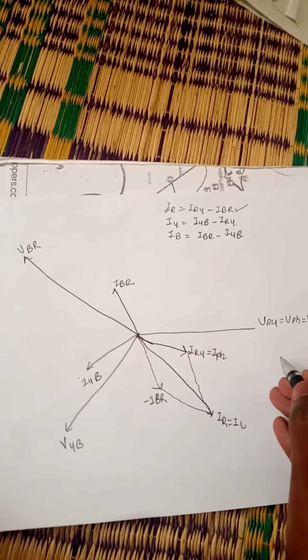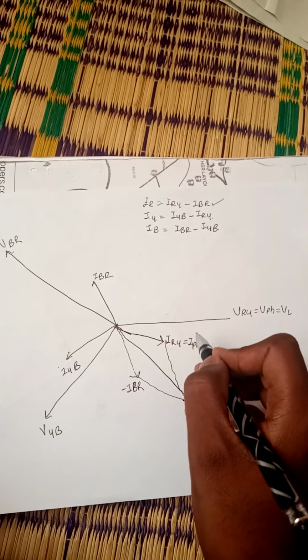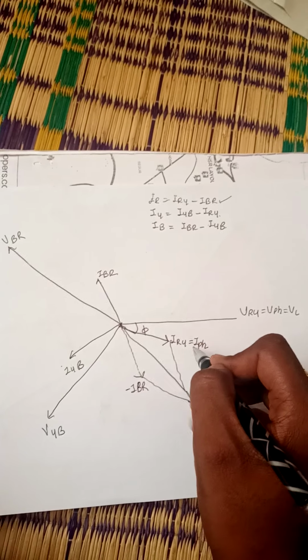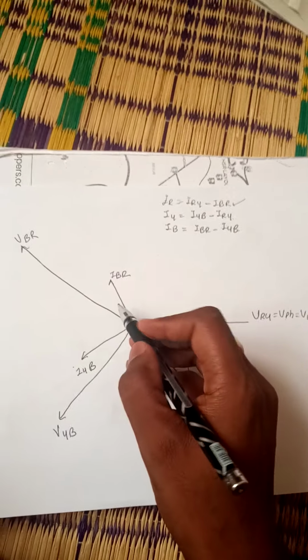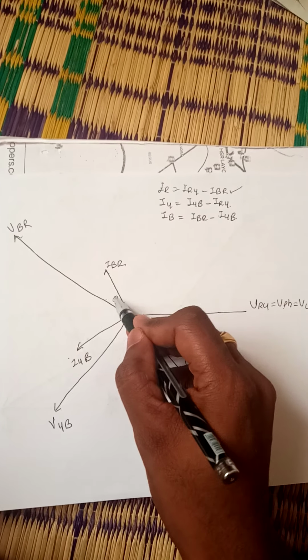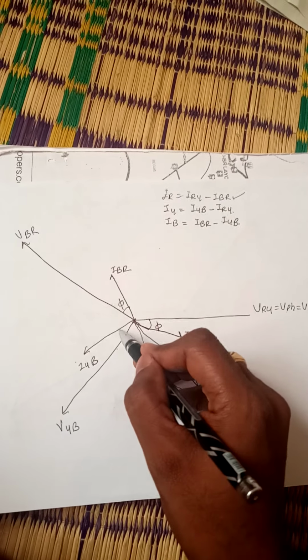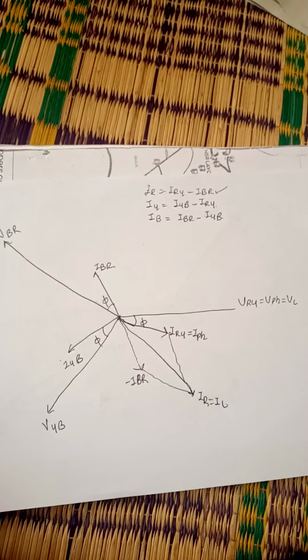One thing to keep in mind, the phase angle between IPH and VPH we call phi. This is an inductive circuit, therefore current lags voltage by an angle of phi. In these two relations also, current lags voltage by an angle of phi.